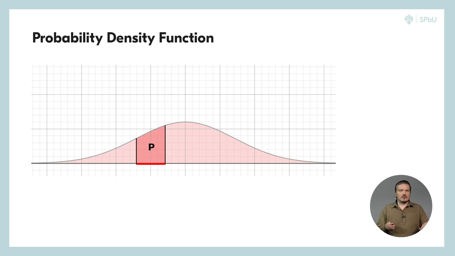This area equals the integral of the probability distribution on the considered subinterval. And the integral of the probability distribution over the whole interval must again be equal to 1.